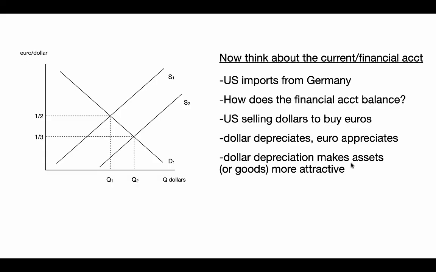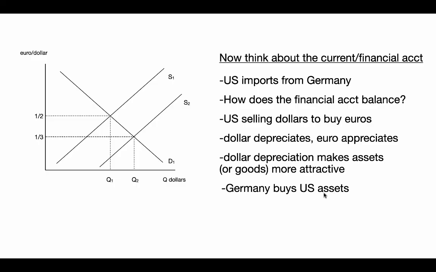The way that happens is that assets priced in dollars just became more attractive when the dollar depreciates. Because when I go to exchange euros, it took me half a euro to buy a dollar, and now it takes me a third of a euro to buy a dollar. So when I go to buy a US bond, for example, well, now it's cheaper. And so that adjusts enough so that this account has to balance, right?